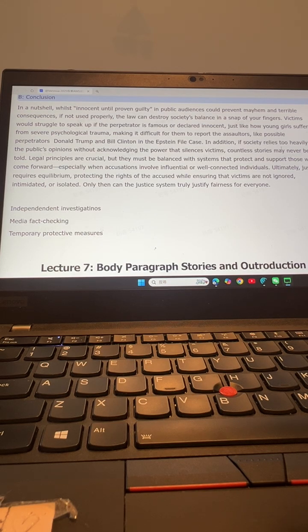Okay, so I will quickly introduce the 3 different things based on my understanding. The first one, the independent investigation, is conducted sometimes by non-government or third-party organizations.